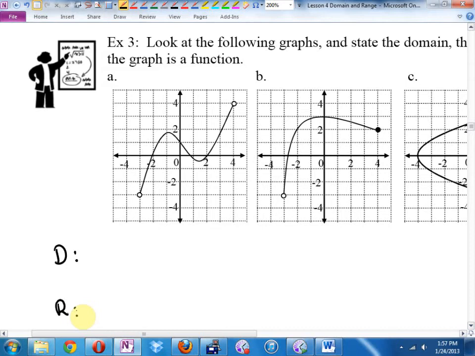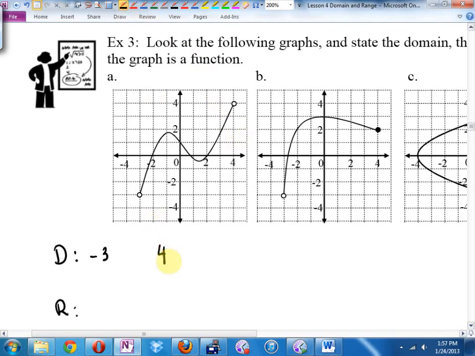I ask, how far left does my graph go? How far left does this graph go? The smallest x value that appears is -3. I'm going to write that first. How far right does my graph go? Leave a space.